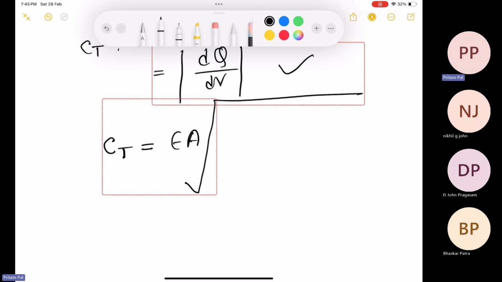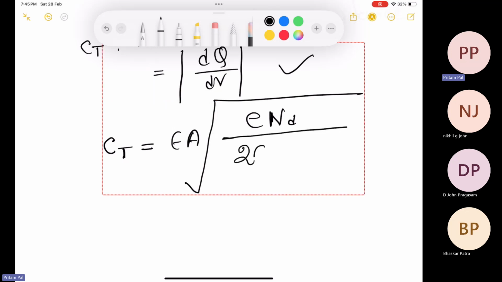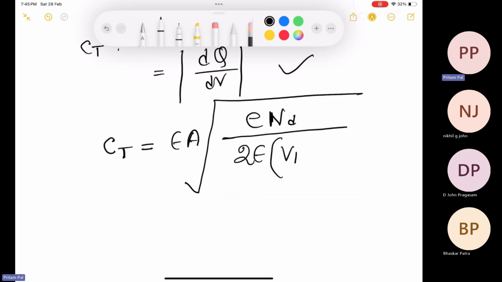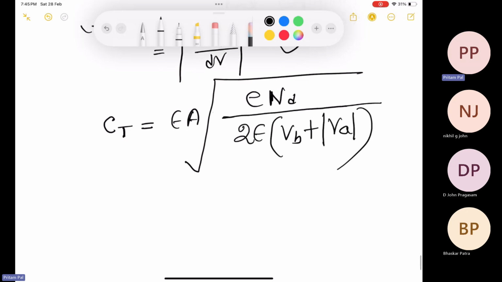This is the area A, and this is ND over 2 epsilon, times VB plus mod of VA. Okay, so that is how the CT looks.